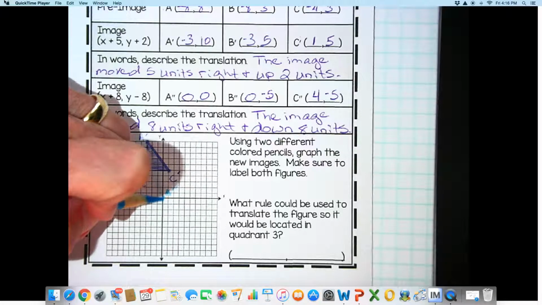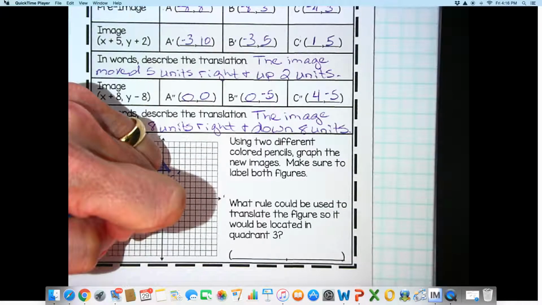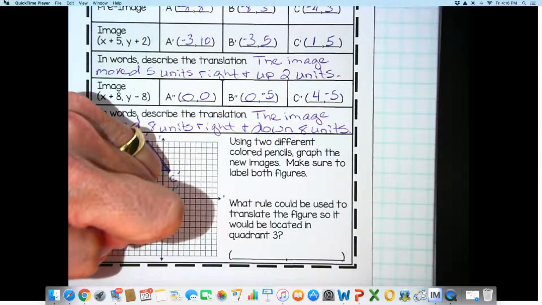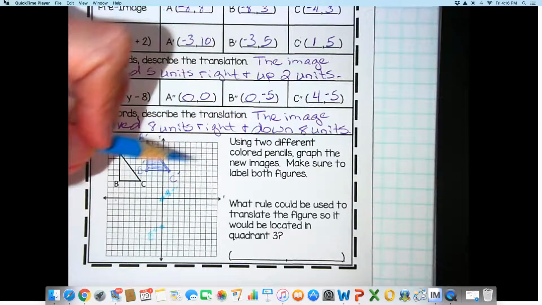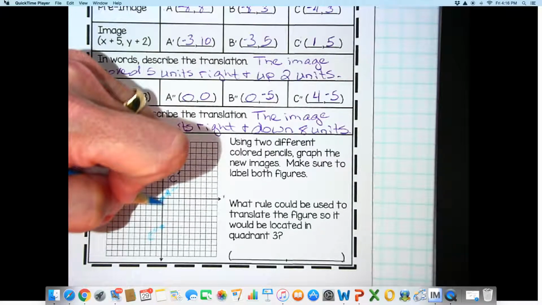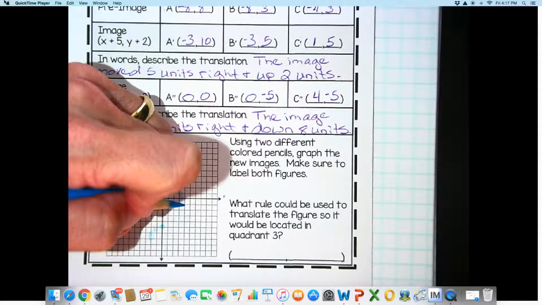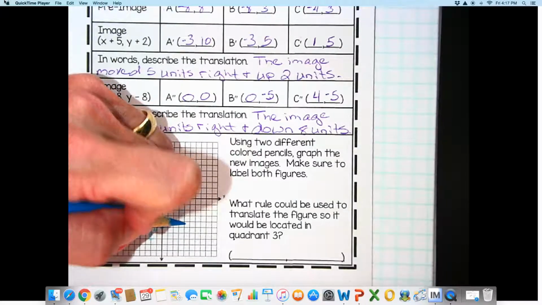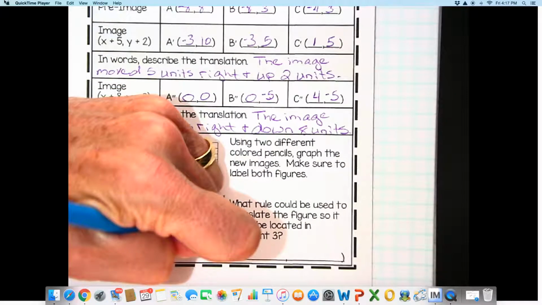So 0, 1, 2, 3, 4, 5. There's our B prime prime, 2 primes. And our C is going to be at 4, -5. So 1, 2, 3, 4, down 1, 2, 3, 4, 5. So there's our C prime prime.